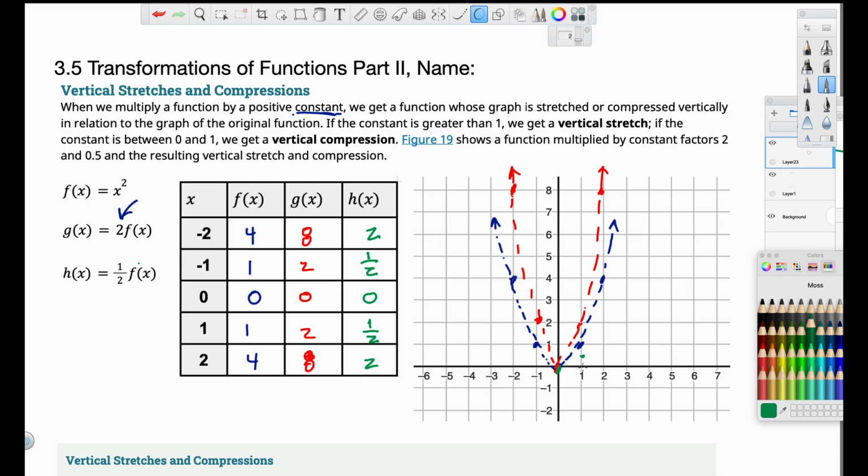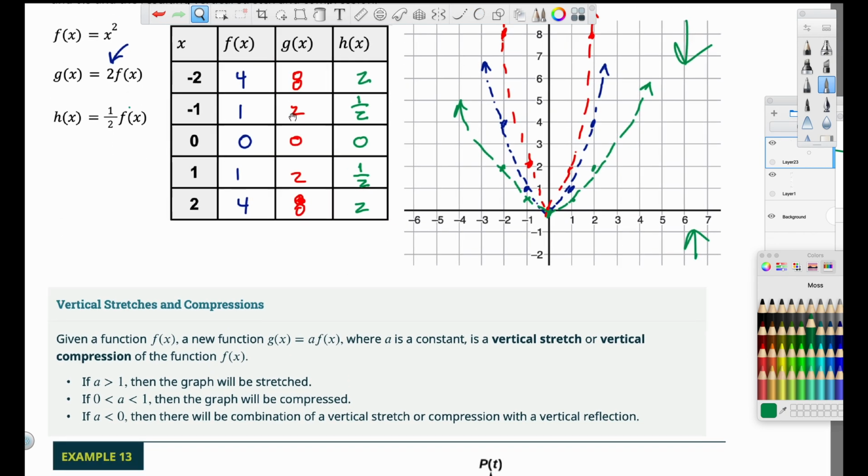I'm going over 2, 2. -1, 1/2. -2, 2. And here is my function graph. Okay, so it got compressed along the vertical axis. So it got squeezed vertically.